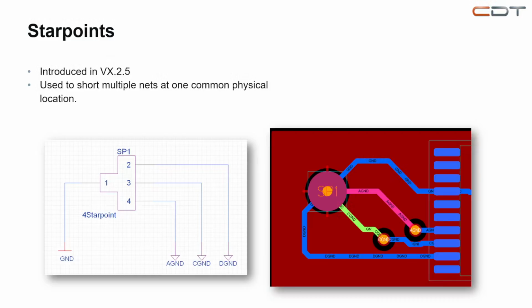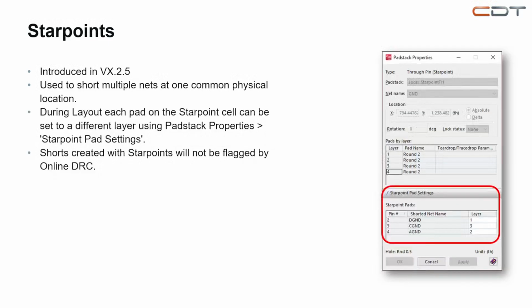Starpoints. This was introduced in VX 2.5. This is different method. As you can see, it utilizes symbol and footprint. It's used to short multiple nets at one common physical location. It provides you more variability inside this configuration. How it's done?